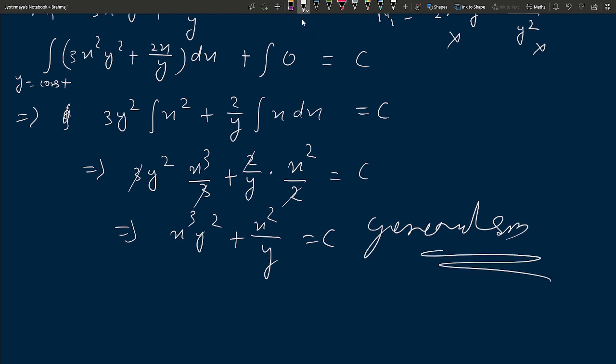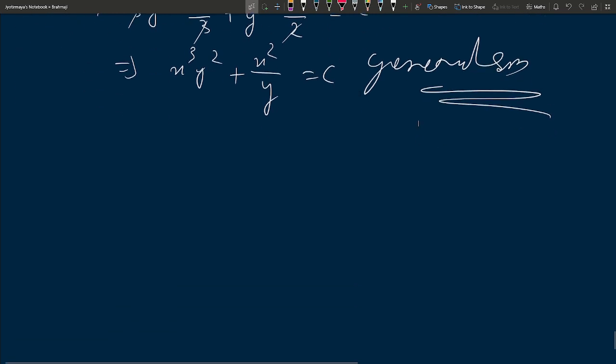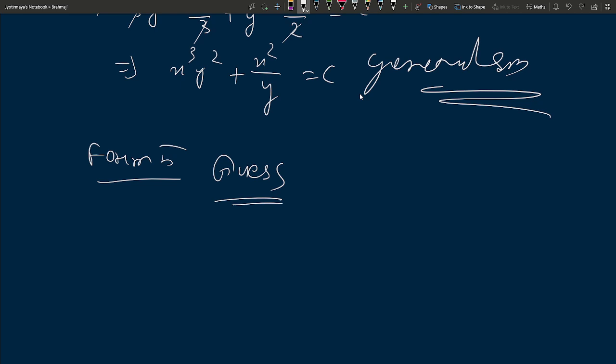Okay, so these are the 4 methods of finding the integrating factor. Another method, and there is no other method, but sometimes by guess you can find the integrating factor also, by just thinking without applying any of the formulas. Also, in some questions you cannot apply any of the 4 forms.